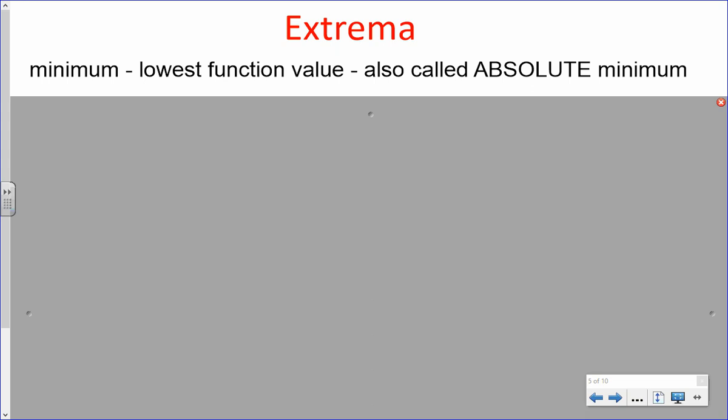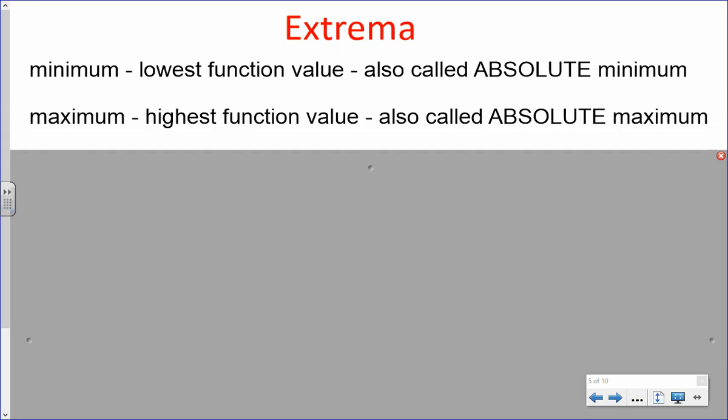We call it the absolute minimum, the very lowest value on the graph. A maximum is the very highest function value, right? The highest y coordinate. That is the maximum.